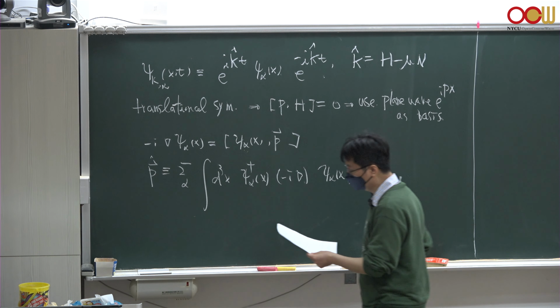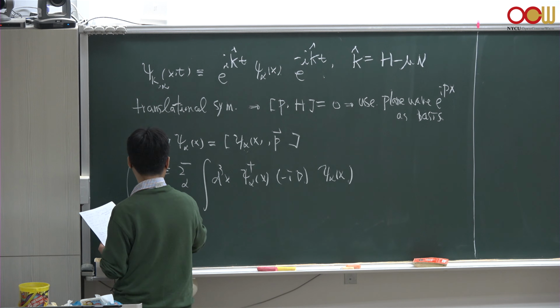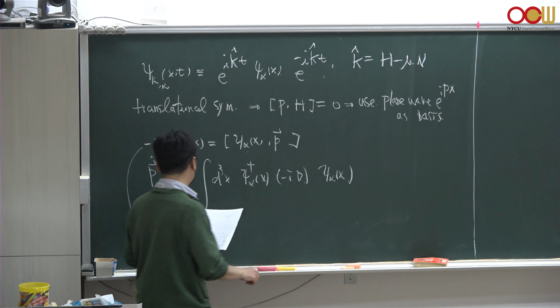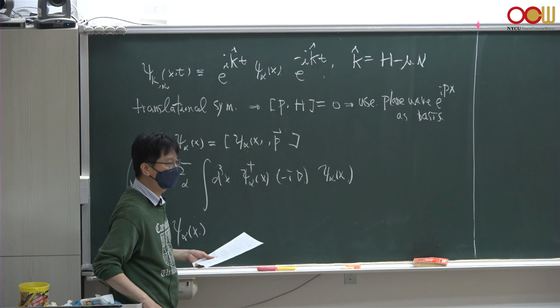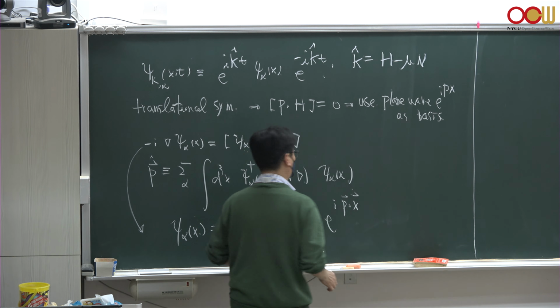So it is easy to express psi alpha x in terms of e to the ipx and e to the minus ipx operators. In other words, the momentum operator generates the translation in your system, and your single particle operator can be expressed in terms of the eigenbasis of the momentum operator.